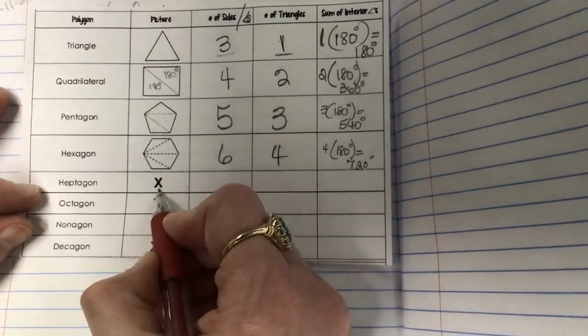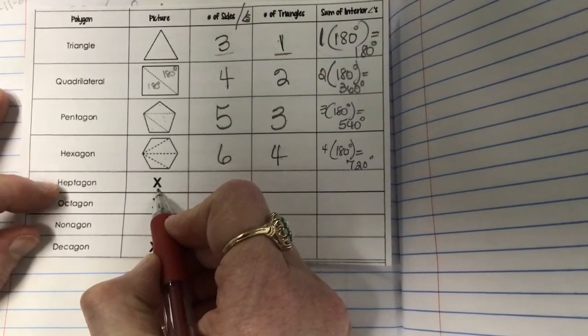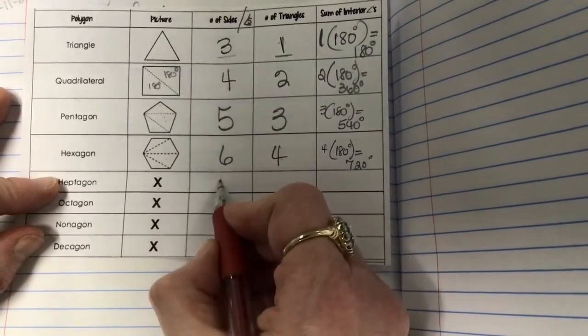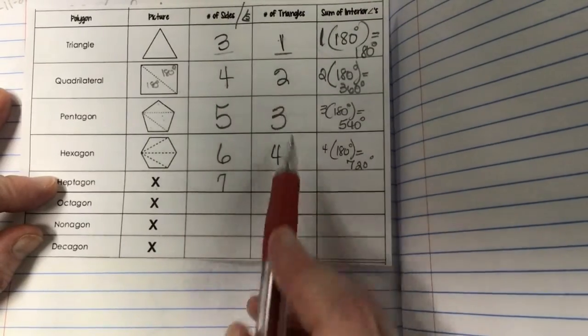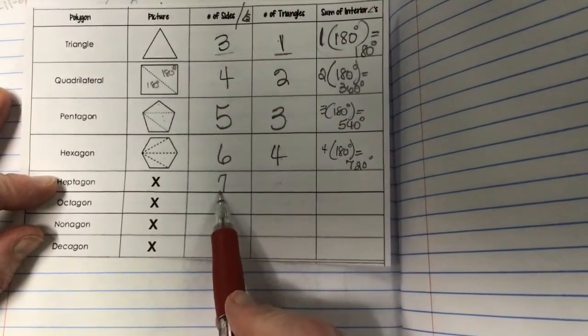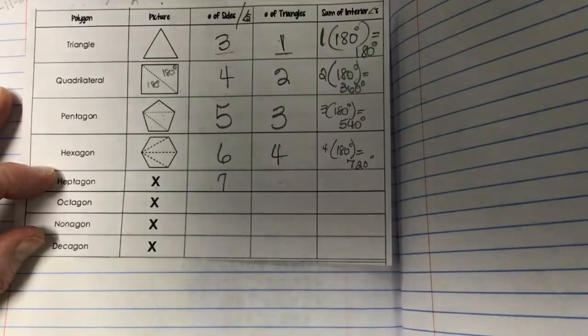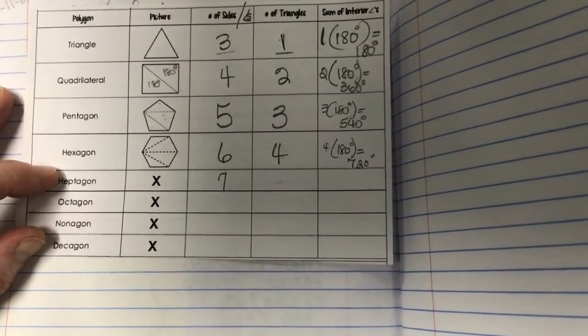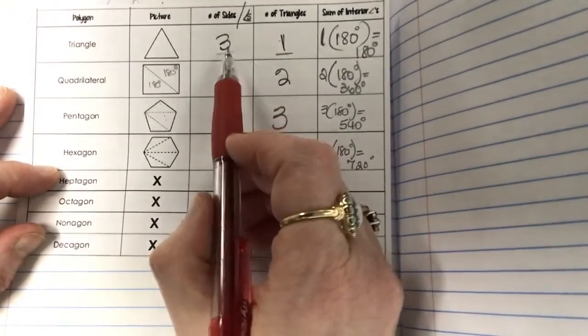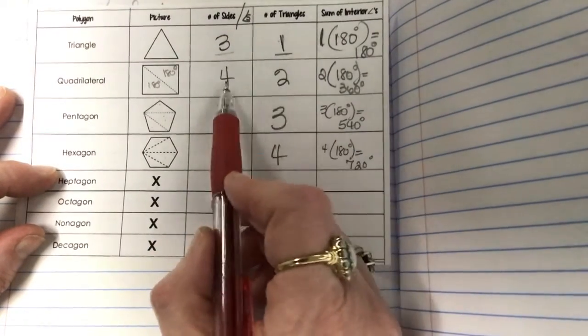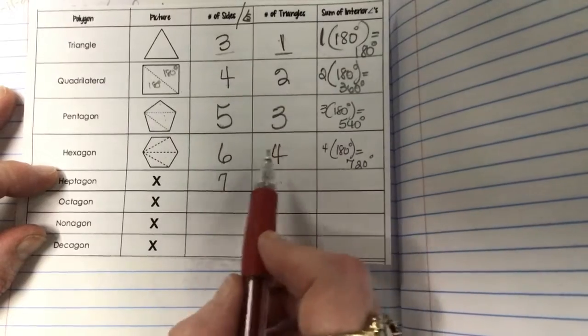Now they quit drawing them when they got to the heptagon, and that's not one we do very often, but that's a 7-sided figure. Now, what is the relationship? Where does this number right here come from related to this one? Do you see it? What do I do to 3 to get to 1? 4 to 2, 5 to 3, 6 to 4.